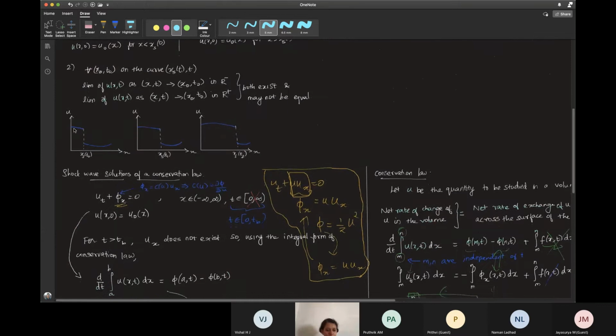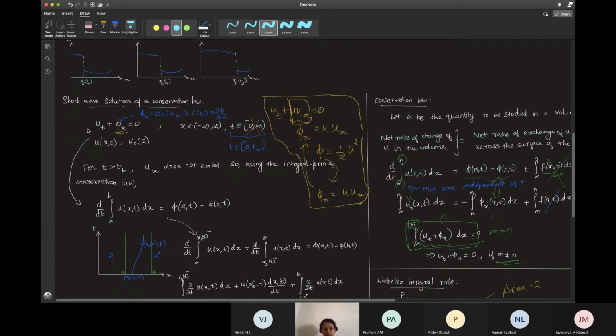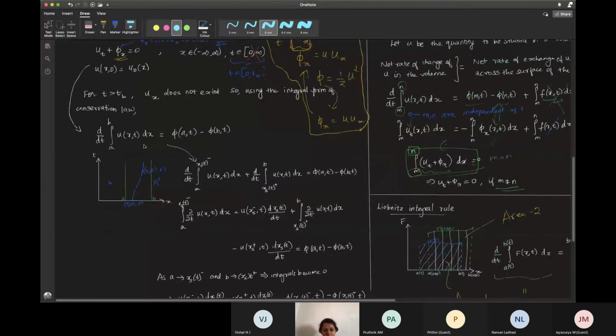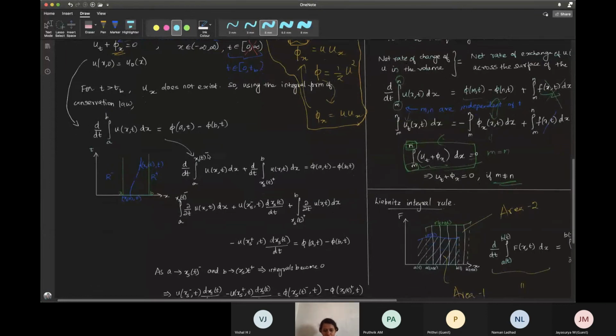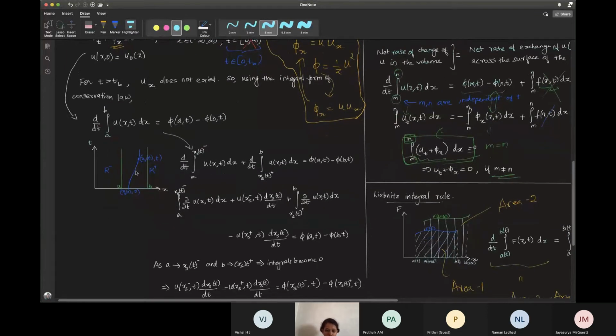Let's say you have a function over here. This is some function. When we want to integrate this function in this region, you need to consider this whole area. It's okay to break it up into 2 different areas, because we have a discontinuity over here. So we are breaking this integral into 2 different integrals, that is a to x_s(t) minus, plus x_s(t) plus to b.